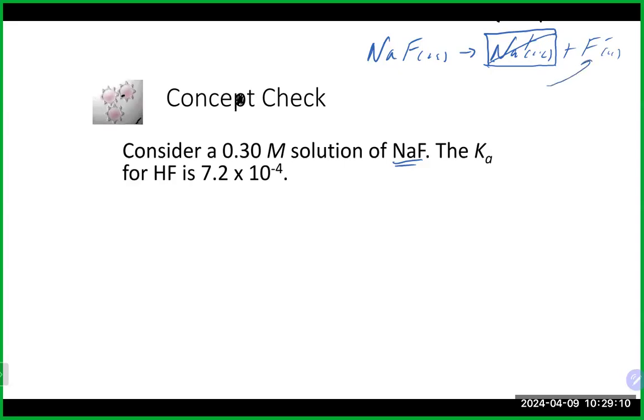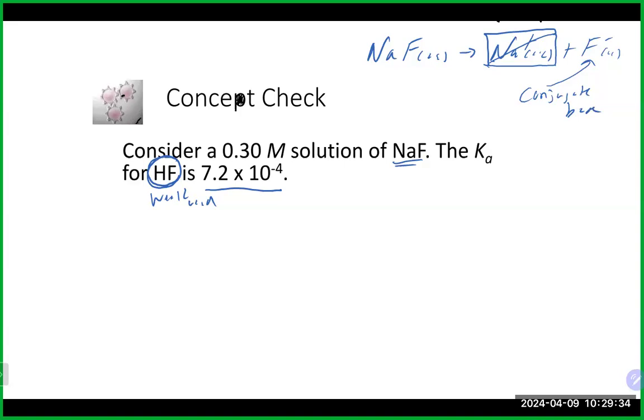Our fluoride most likely came from, it does sort of give you that information right there, which is HF. And we also have a Ka value for the HF, which tells us that's a weak acid, which means that this right here would be the conjugate base. And frankly, it's going to then go through hydrolysis because that's where it comes from.